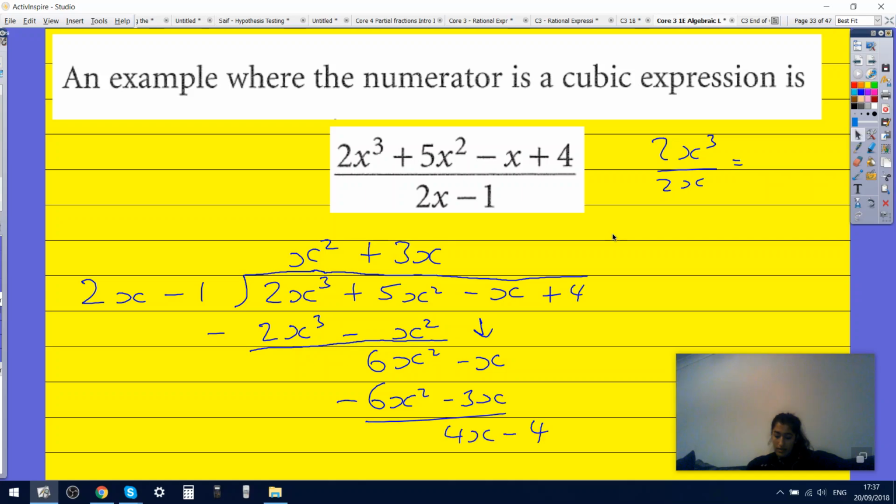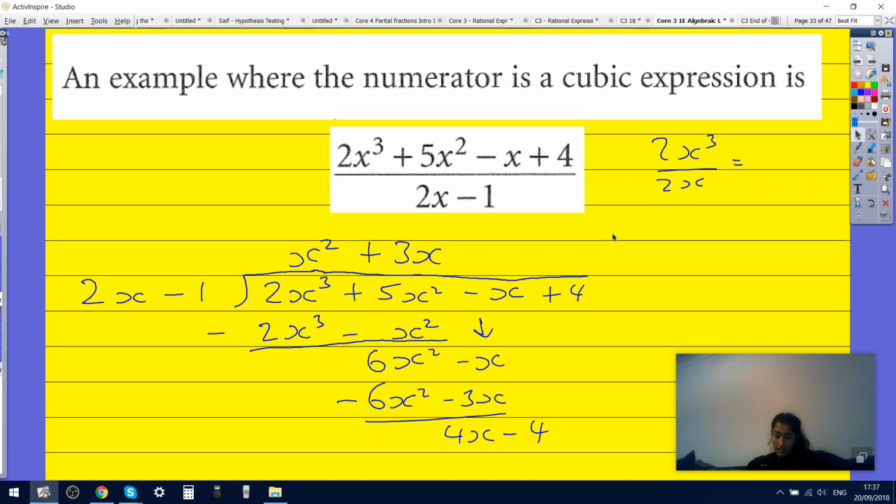Then 4x divided by 2x equals 2. Then you get 2x minus 2.